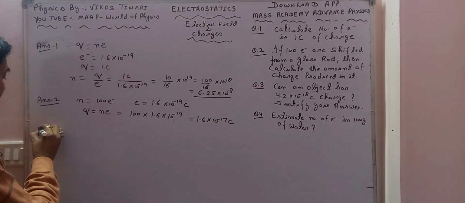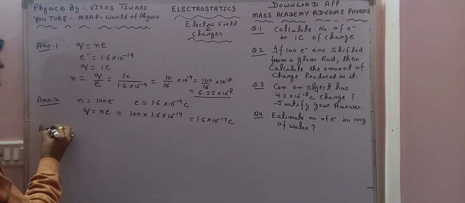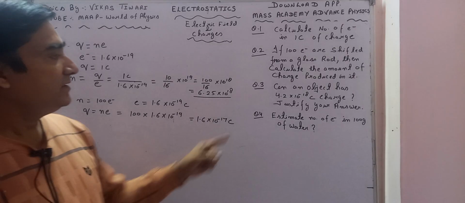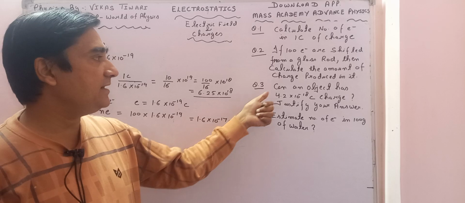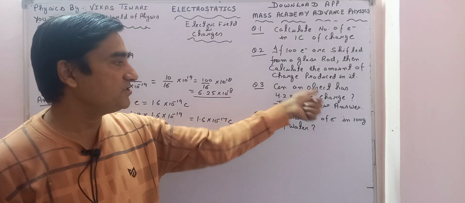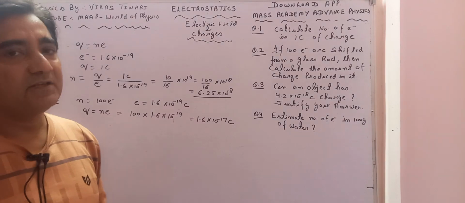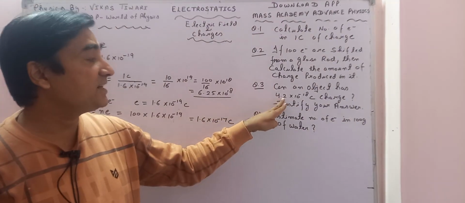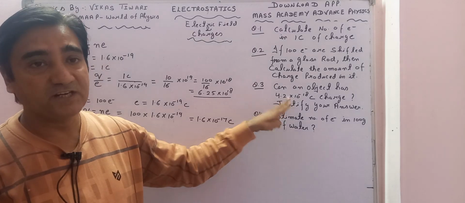Now, what will be the answer for the third question? The third question is: can an object have 4.2 into 10 raised to power minus 18 Coulomb of charge? We have to justify our answer. Is it possible that any object can hold this amount of charge?